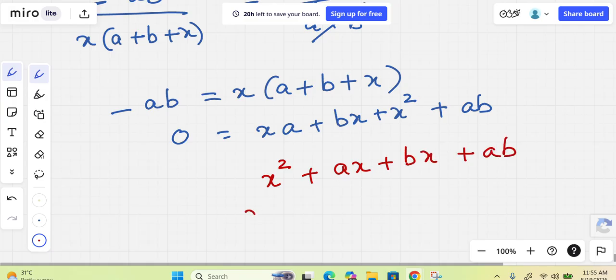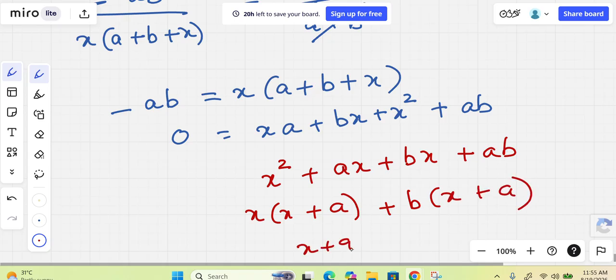Now only we have to do grouping. Did you understand? So just apply the process.